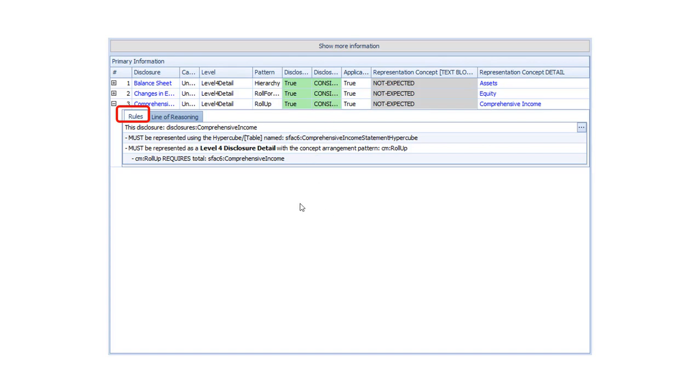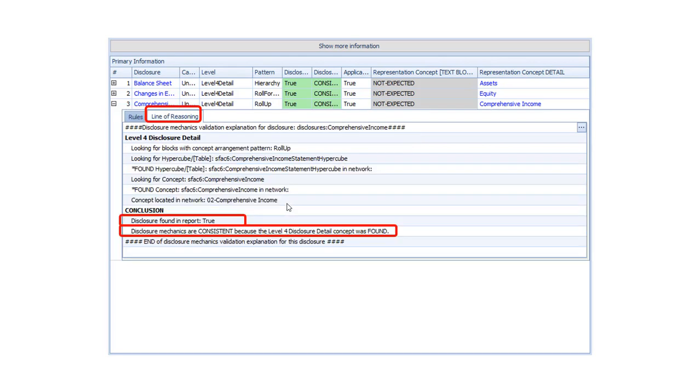And here's the line of reasoning that was used by the rule, or by the algorithm that used the rule, to reach this conclusion. Everything is documented so you know what the application did, so you can follow and see why it did find it or why it did not find it. And it's the same thing for all three of the disclosures.